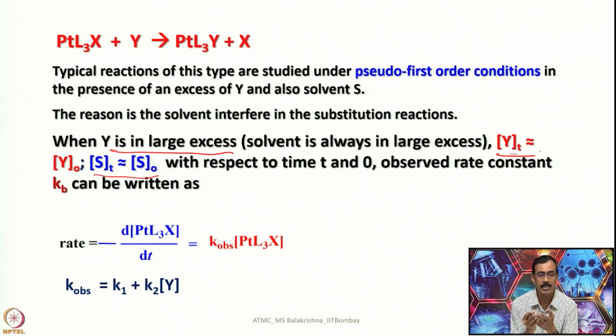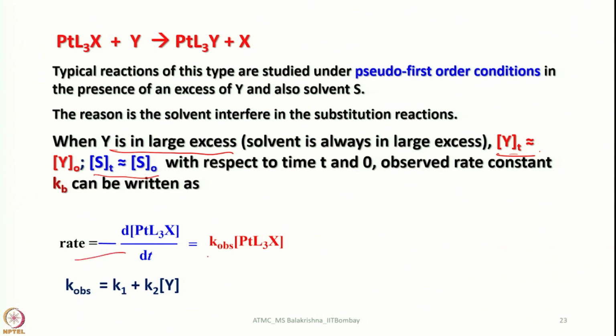So, it more or less remains the same. So, that means with respect to time the change observed is 0, and then the observed rate constant can be simply written in this format, that is, k observed equals k1 plus k2 into the concentration of Y.